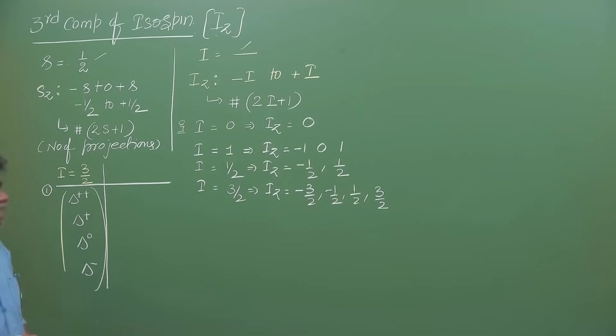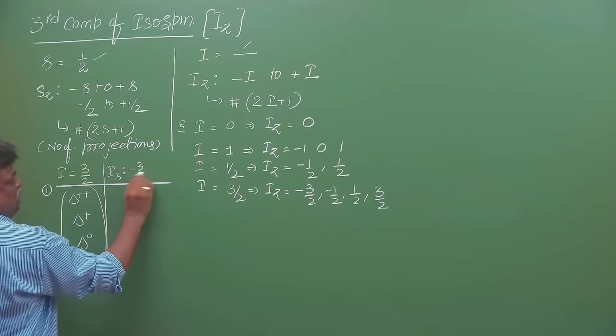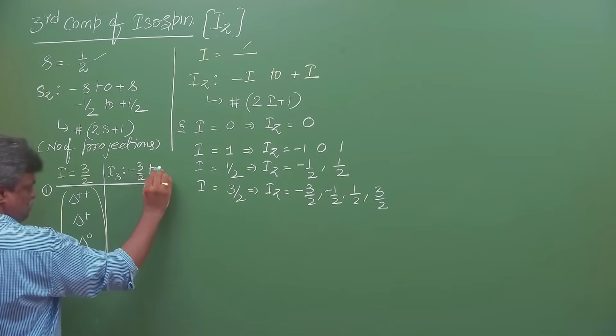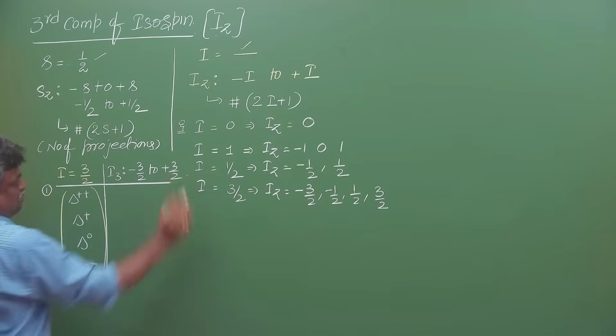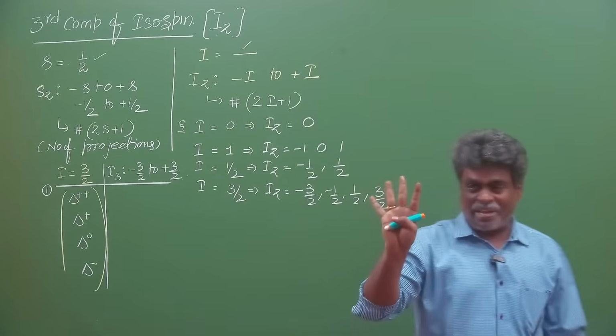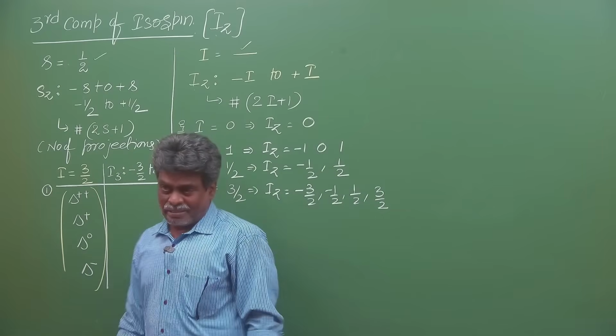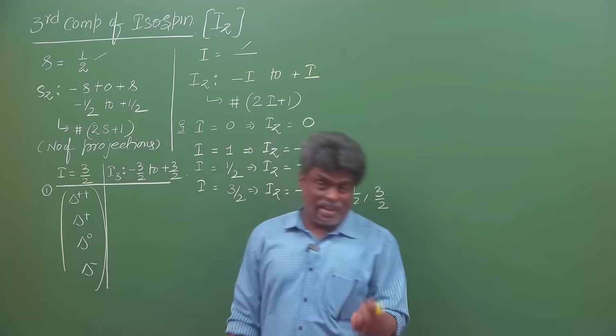Then I3 takes values from, ready? So total how many values are there? 4. That 4 values taken by these 4 particles. Which one will take which value?